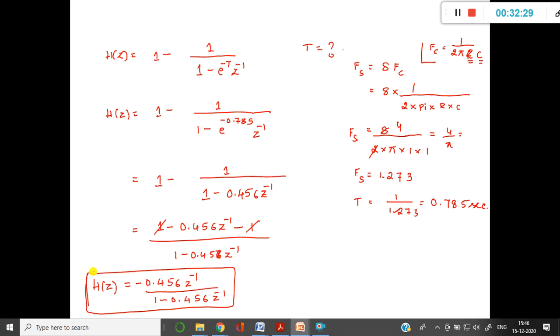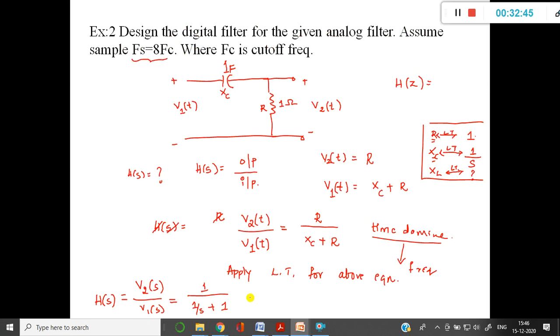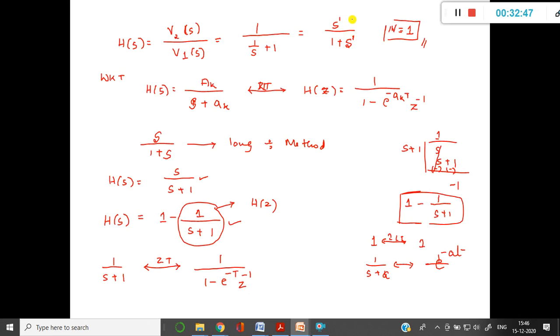See here, in this example, we have not given you the h of s value. We have given you the circuit itself, which means by looking into that particular equation, if any equations are present in this form, you should imagine that there exists one capacitor or one inductor value.